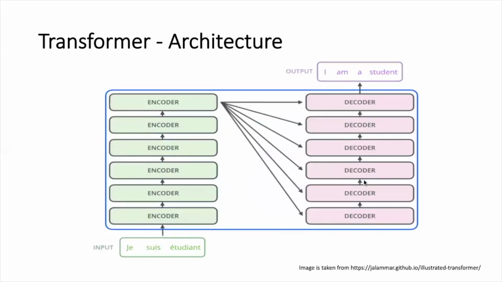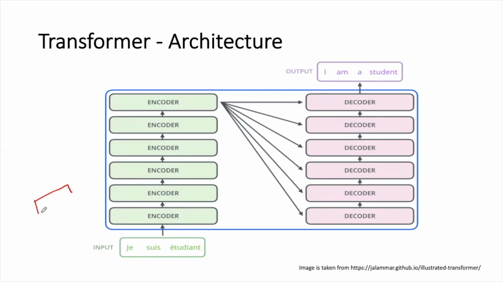If you look at a closer view, we see that the encoders are stacked on top of each other, and similarly the decoders as well. In terms of the flow of the inputs and how exactly they flow through this stack of encoders, for each input word, for example here we have three input words, they are passed on to the first encoder block.